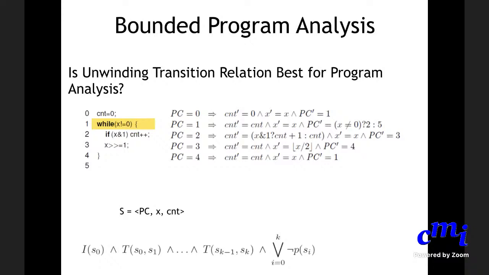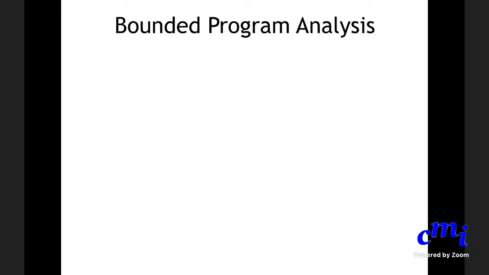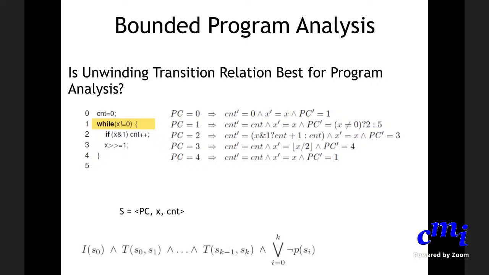I start with an initial predicate, I0, and then unwind the transition relation by instantiating the formula for the transition system K times, and check that in every state from S0 to SK, the property P that I'm checking is not violated. And then I can ship this formula. That is what I was doing when we saw the SSA.